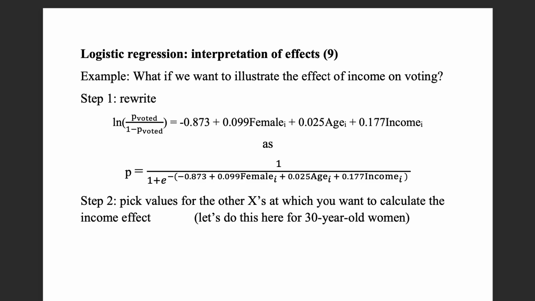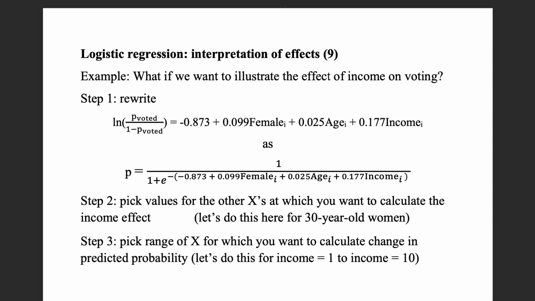In this case, I thought, well, let's pick women, and let's pick 30-year-old women. So I'm giving a value to the variable for gender and a value to the variable for age, meaning that the female dummy variable takes the value 1 and the age variable takes the value 30.